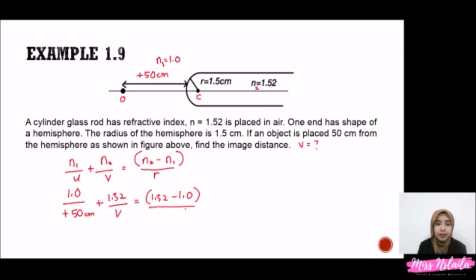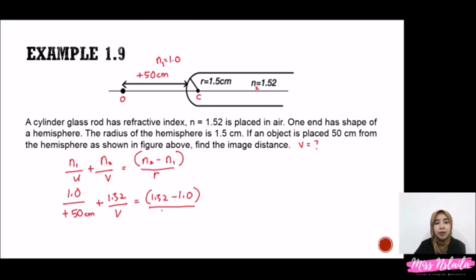Now let's check whether R is positive or negative. How to check? Look at point C. If point C is situated in a denser medium, it will be positive. If point C is situated in a less dense medium, it will be negative. From this diagram, point C is situated in a medium of 1.52, which is greater than 1.0. So point C is situated in a denser medium.